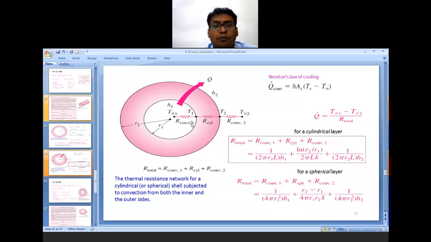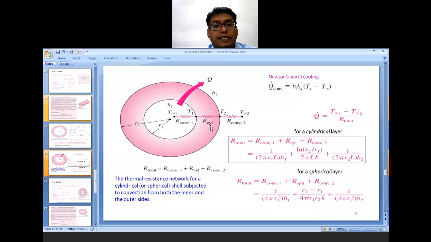There is a small film which is going to give you the convective resistance. So there will be three resistances in a single cylinder. One is the inner resistance because of convection. Second, the metal resistance, that is because of conduction, the actual resistance offered by the cylinder.